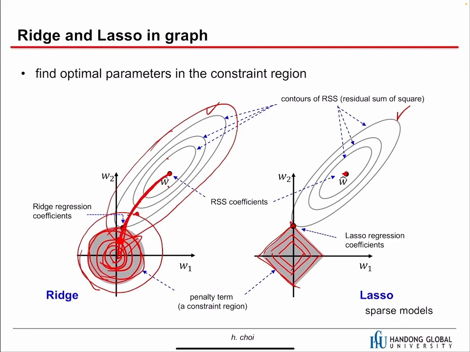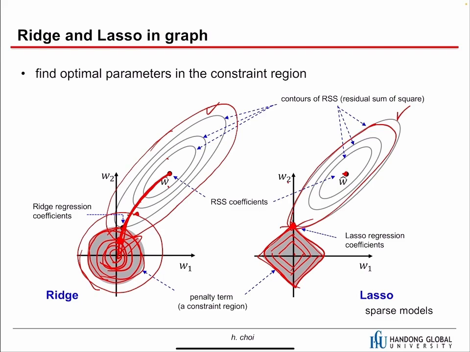The one big difference between the ridge regression and the lasso regression is this one. In the lasso regressions, since the regularization is making this rectangle, and this one is a curve, then it will meet this point, which means in this case, W1 is 0. W2 has some value, but W1 is 0.